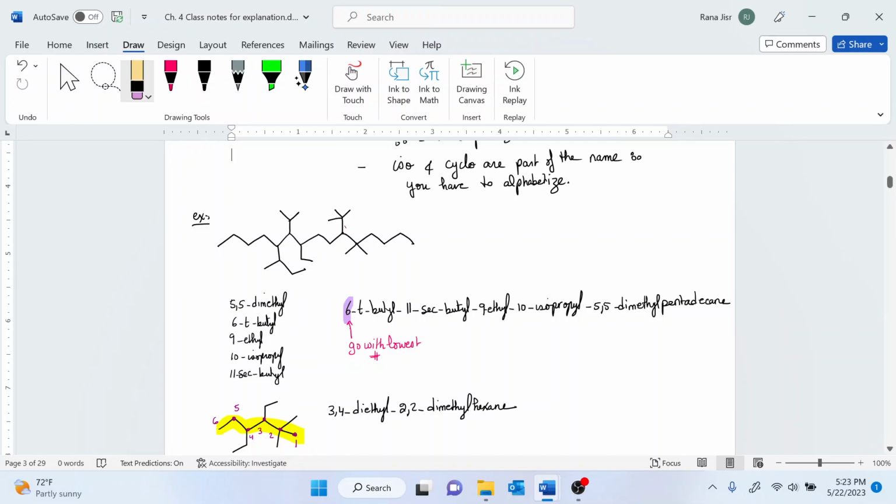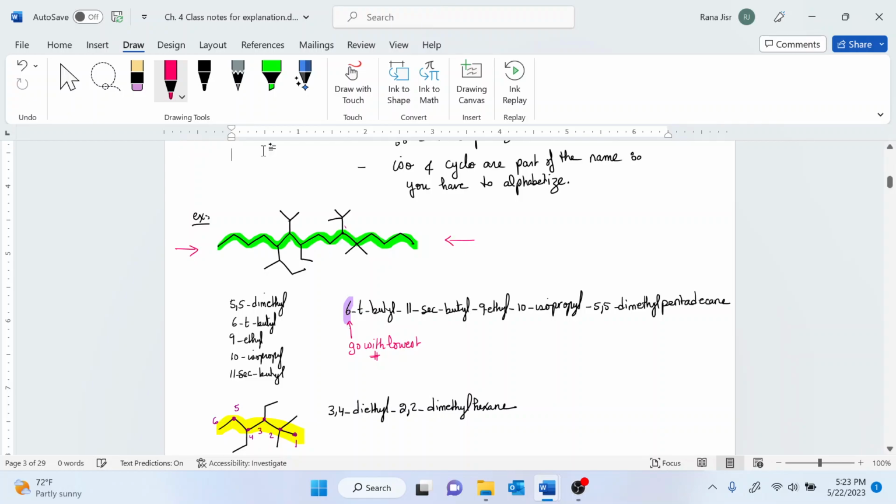Let's have another example. With this example, again, you choose the longest carbon chain. So here, no matter what route I go with, the longest carbon chain that I can pull out here is 15 carbons. Then I have the choice of either starting from this end to number or starting from the other end.